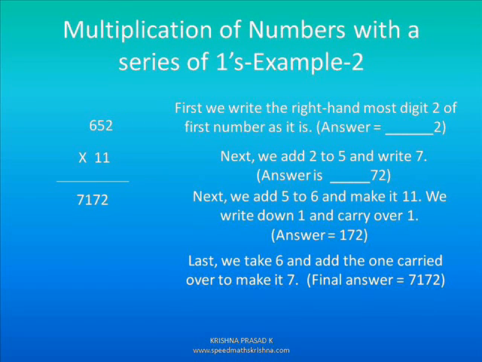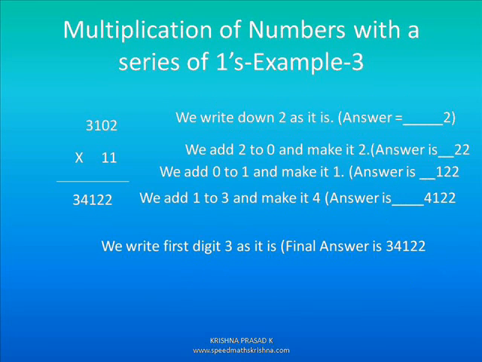Let's take one more example. 3102 multiplied by 11. We write down 2 as it is. The answer is 2 with some more digits towards the left side. We add 2 to 0 and make it 2. The answer is 22. We add 0 to 1 and make it 1.